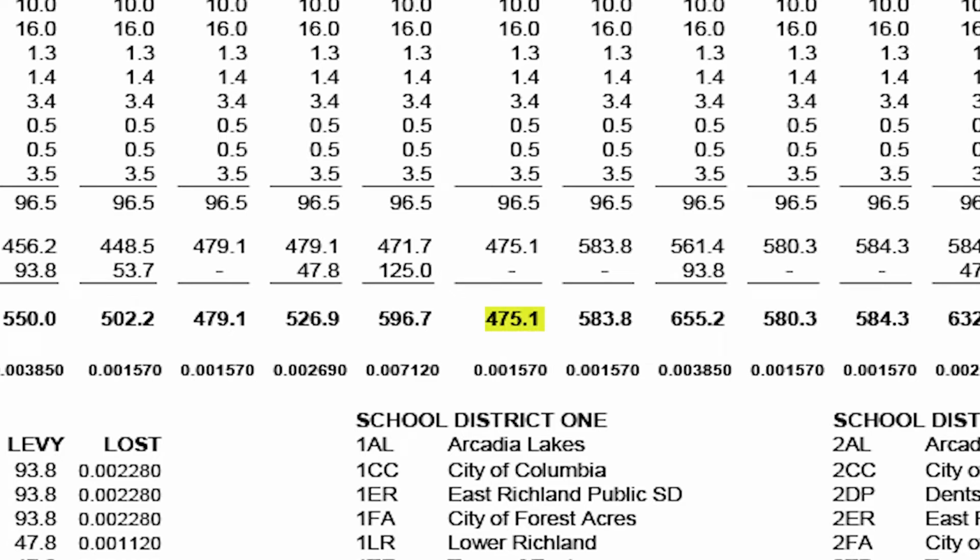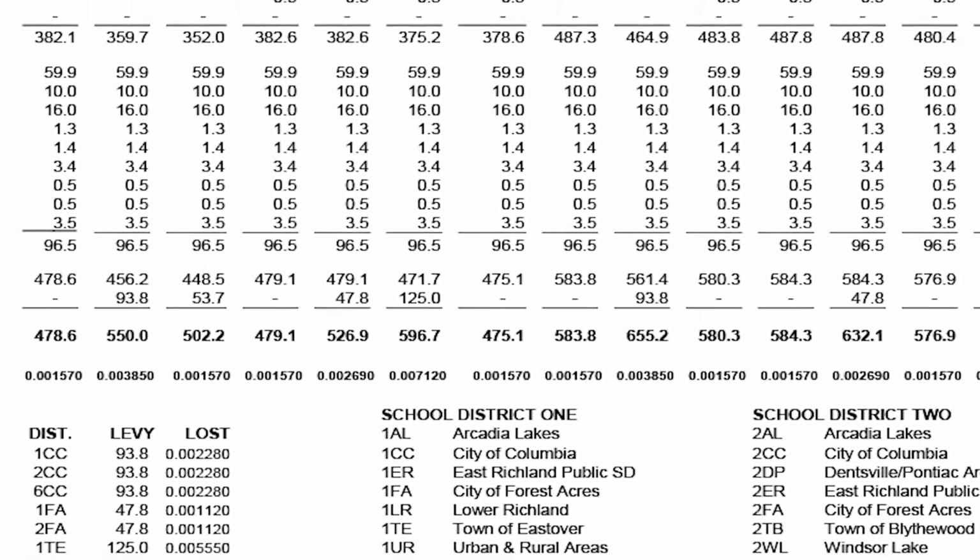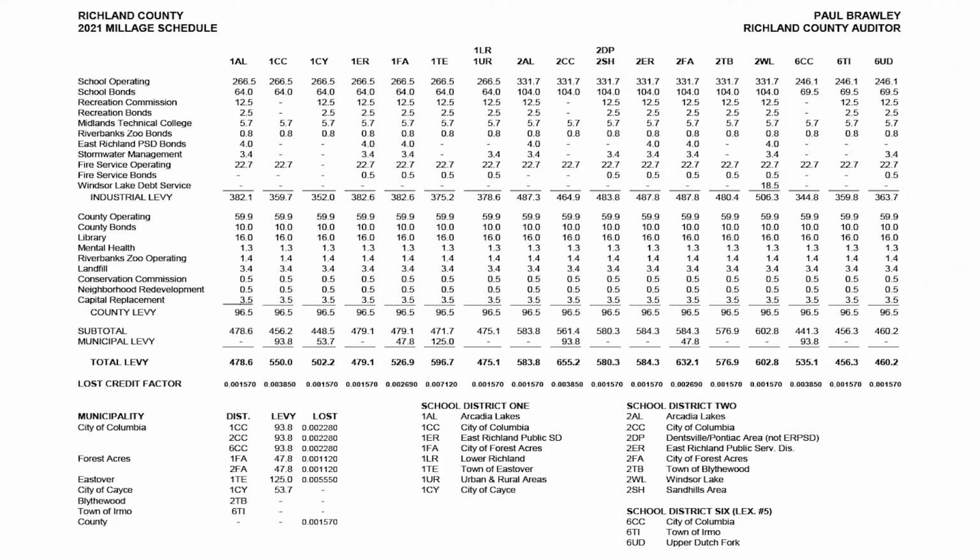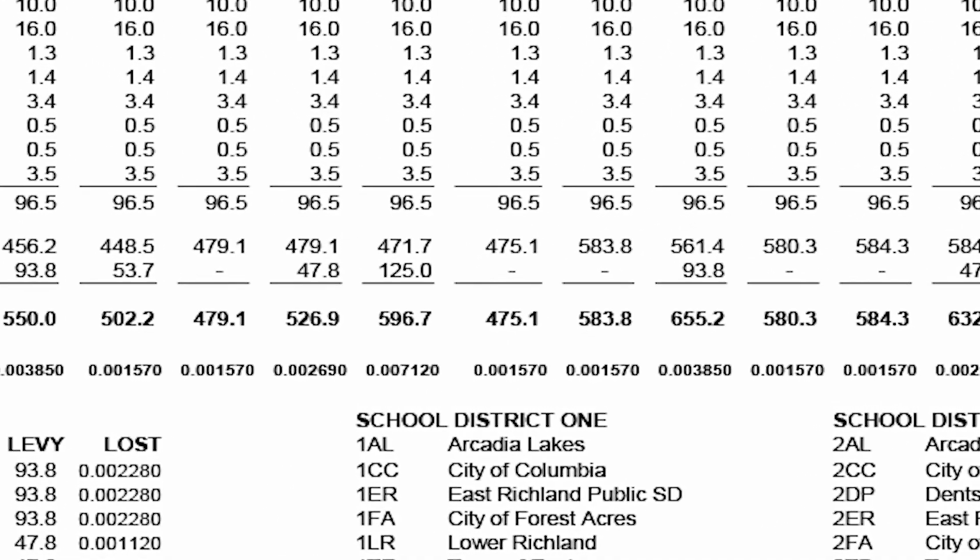So we are right here at the bottom. And guys, as we look through this tax millage schedule, it shows you exactly where your taxes are going. So you've got schools, and you've got the zoo, and you've got the fire service. We don't really care about that. All we care about is the bottom number. So this one is at 475.10.